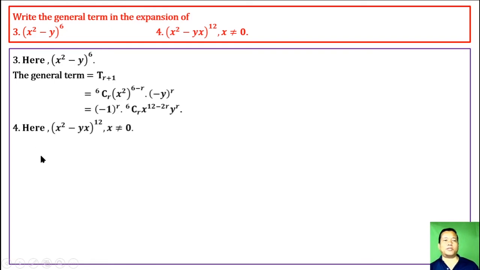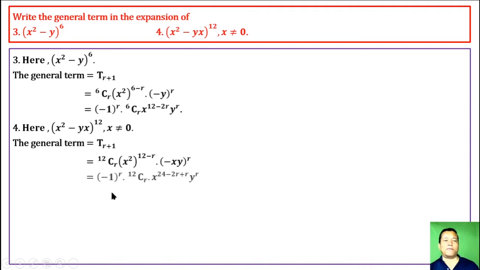For question number 4, its general term is T of r + 1, whose value is 12Cr into (x squared) whole to the power 12 minus r into (minus xy) whole to the power r. Simplifying, we get (minus 1) to the power r into 12Cr into x to the power 24 minus 2r plus r into y to the power r. Simplifying, we get (minus 1) to the power r into 12Cr into x to the power 24 minus r into y to the power r.